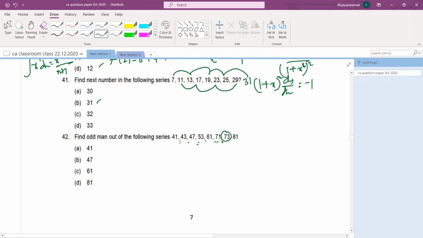Again, it starts with 2. You see that 2, 4, 6, 8, 10. Again, it starts with 2. So the next number should be 77. I think 81 is the correct answer.